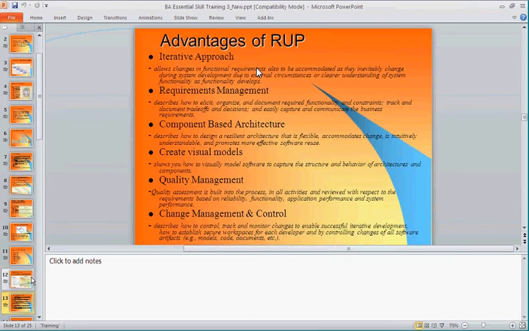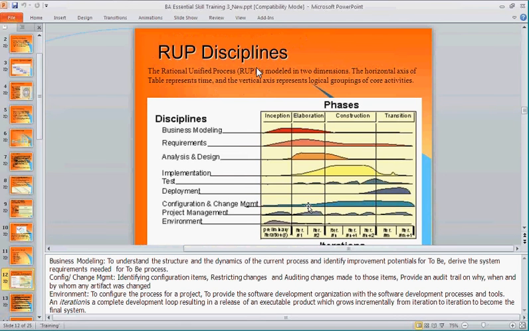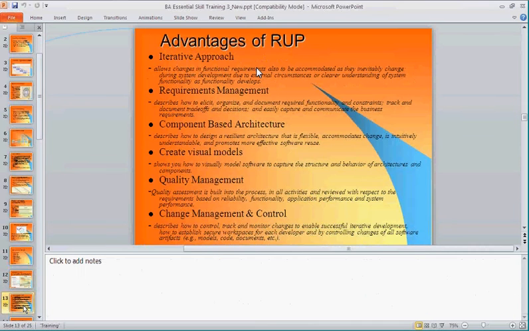Remember, we are doing it every iteration, right? So as you come across a change, you're not only making the changes to your document, but you're also documenting the change itself. Yes or no? So it's a very organized process, correct? So this is another advantage of RUP.